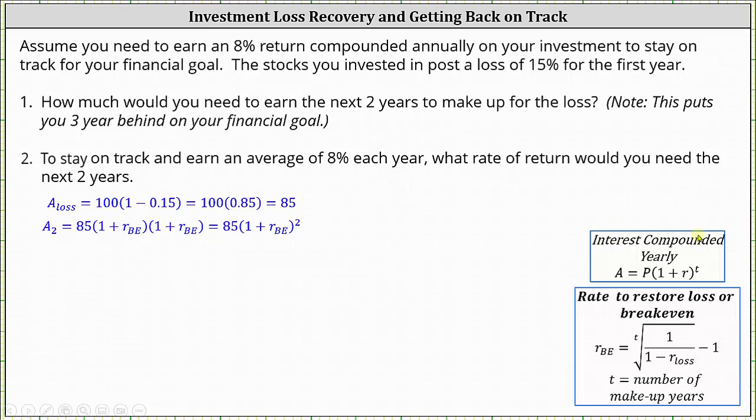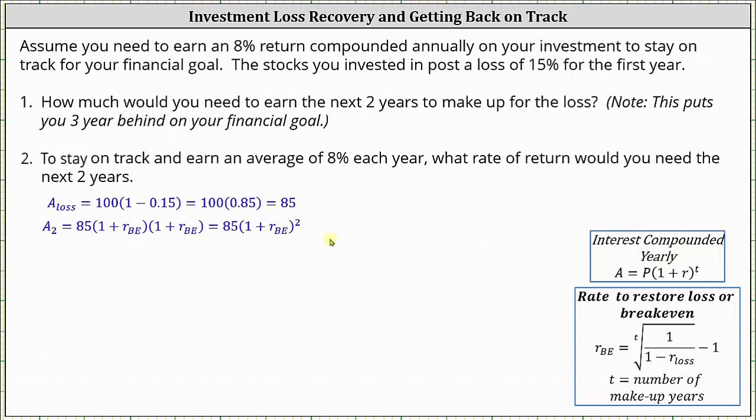Using the compound interest formula, we have A sub 2, the amount in the next 2 years, is equal to $85, the starting amount after the loss, times 1 plus R sub BE raised to the second power, where R sub BE is the rate to restore the loss or break even, and we have an exponent of 2 because the time is 2 years.